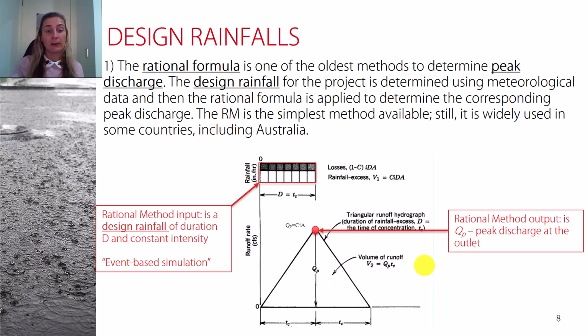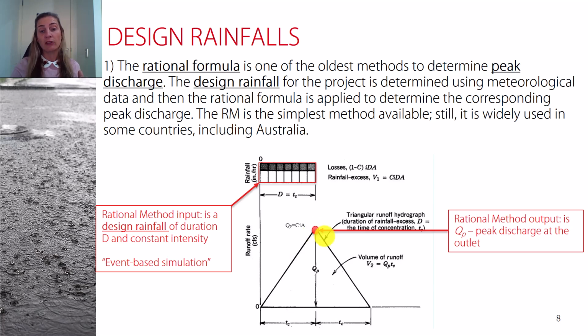The rational method assumes that we have a rainfall event of duration d and constant intensity, so the intensity doesn't change over time, and that rainfall event will generate a peak discharge in a catchment.